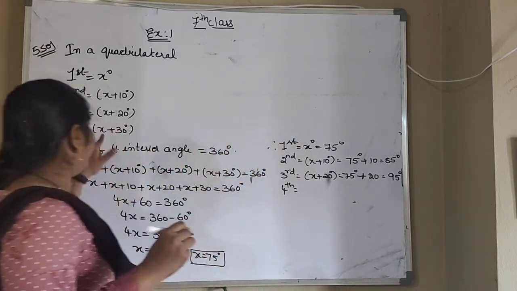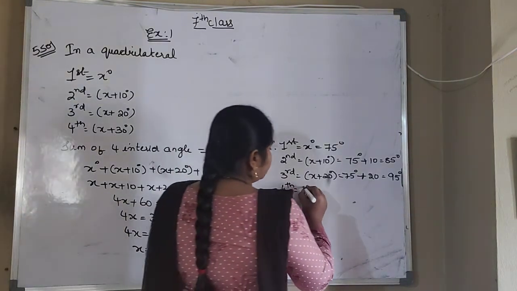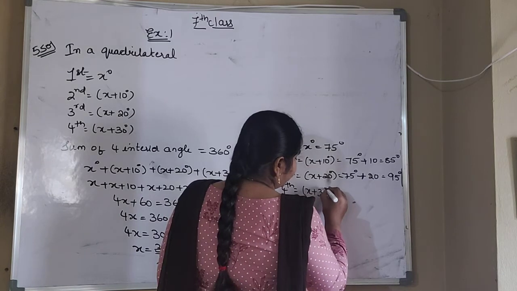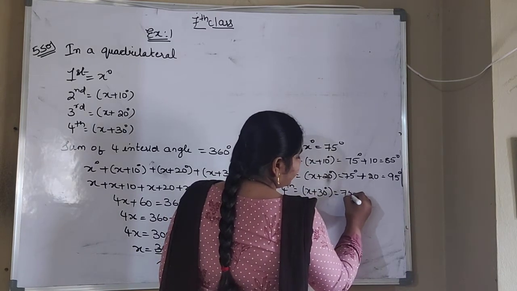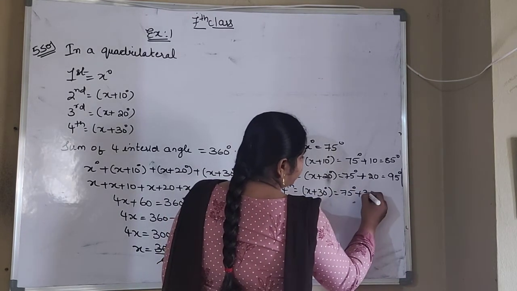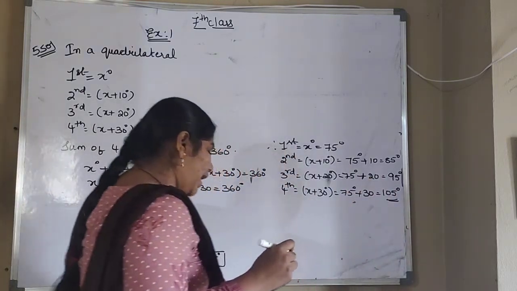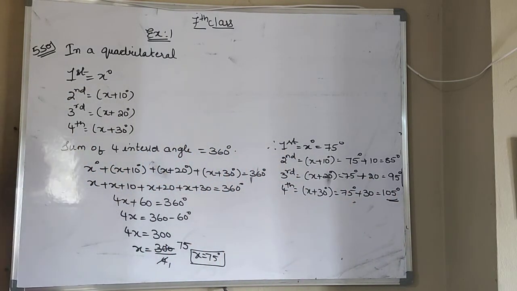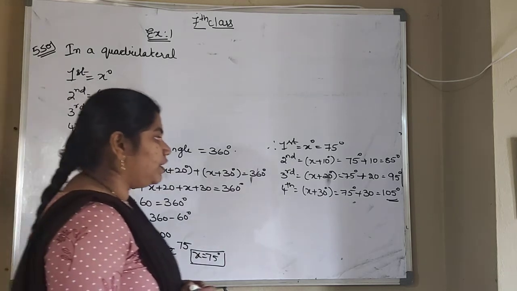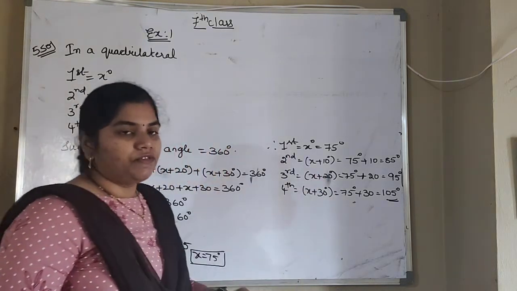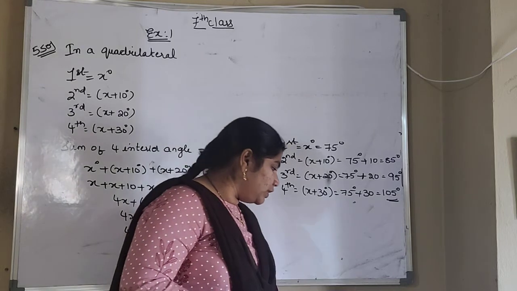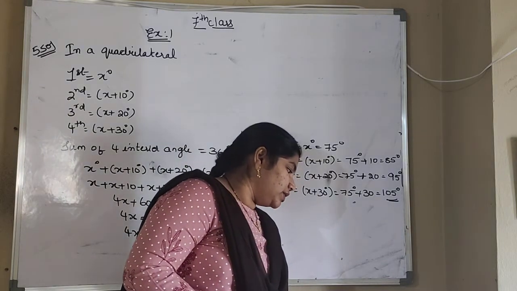Fourth is x plus 30. x value is 75 degrees plus 30, that will be 105 degrees. So the angles formed here: first angle is 75, second angle is 85, third angle is 95 and fourth angle is 105 degrees.